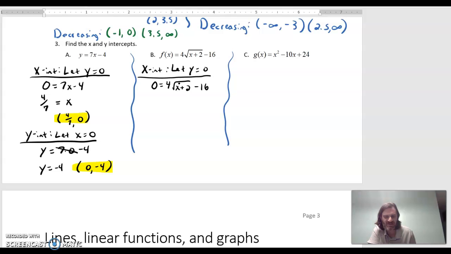That's an algebra question. So we're going to add 16 to both sides and divide by the 4. So we'll have 4 equals square root of x plus 2. I added the 16 over, then I divided by the 4 out front. And then I'm going to square both sides to get rid of the square root. So I have 16 equals x plus 2, so x equals 14. So that's an x-intercept of 14, 0.